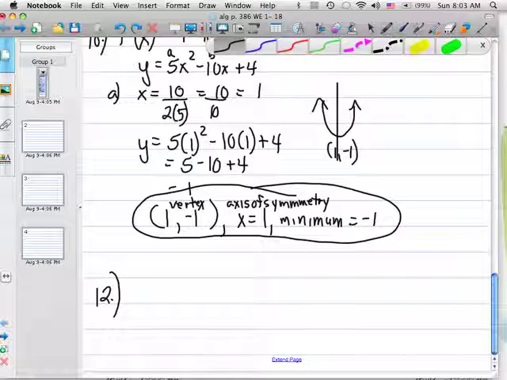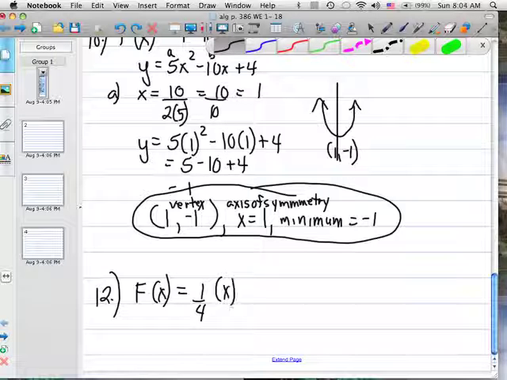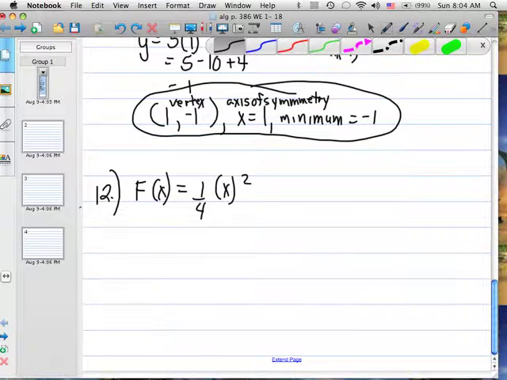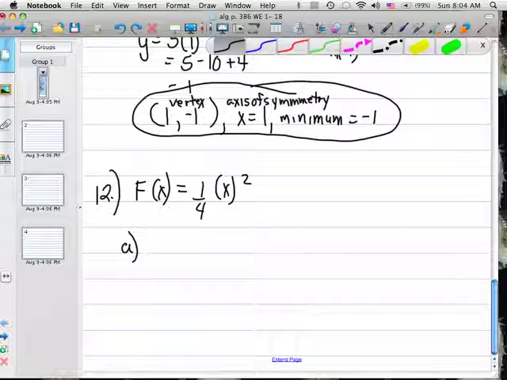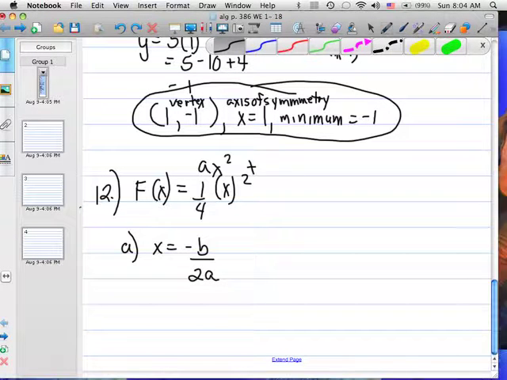We have f of x equals 1/4 x squared. So first, finding the vertex, x equals the opposite of b over 2a, and this is of the form ax squared plus bx plus c.